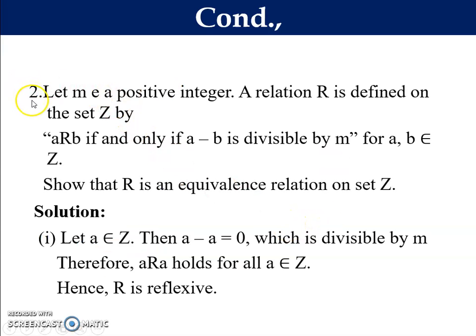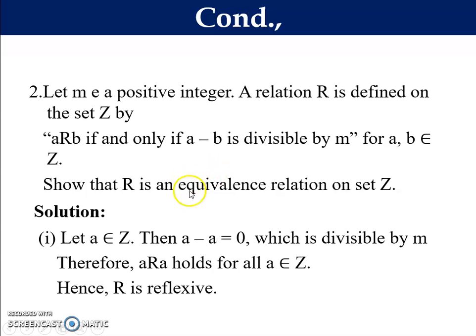Second problem: let m be a positive integer. A relation R defined on the set Z by a R b if and only if a minus b is divisible by m, for a, b belonging to Z. Show that R is an equivalence relation on set Z. So here we want to prove R is an equivalence relation.